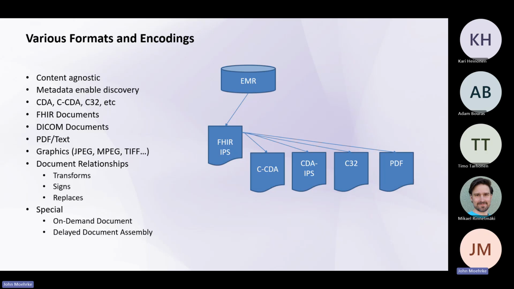So you register a delayed document assembly metadata, and if someone comes along and requests the document, you assemble the document, and then you replace the metadata with pointers to the document content that you have. So delayed assembly enables you to indicate that there are documents available that haven't yet been made but could be.